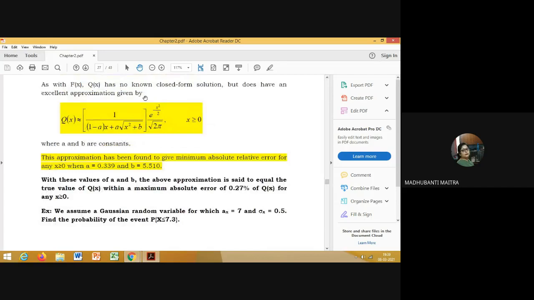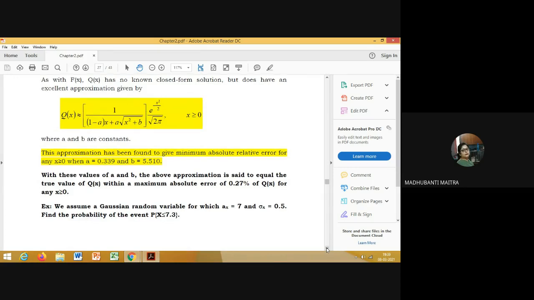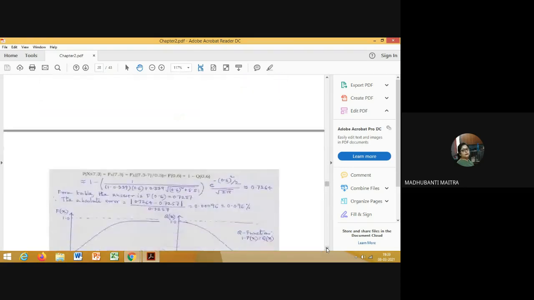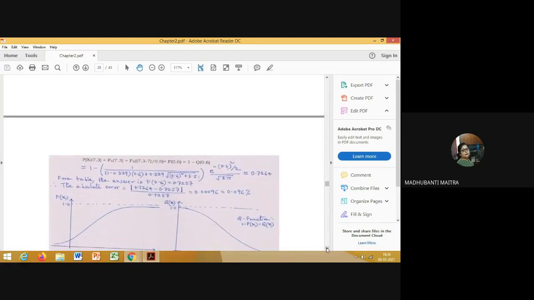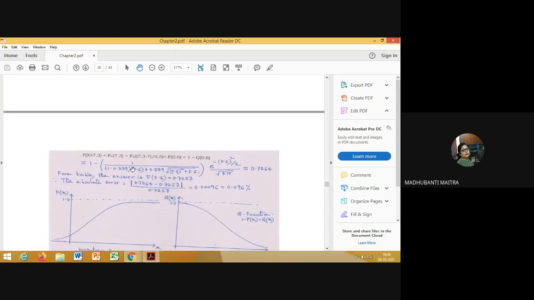So we'll take the values of A to be equal to 0.339 and B to be equal to 5.510. So Q(0.6) can be computed as 1 divided by ((1 minus 0.339) into x, that is 0.6, plus A into root over x square plus B, that is 5.51).